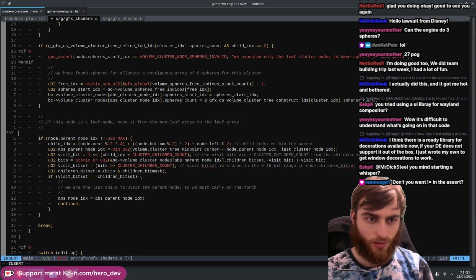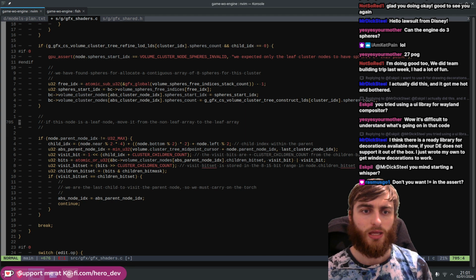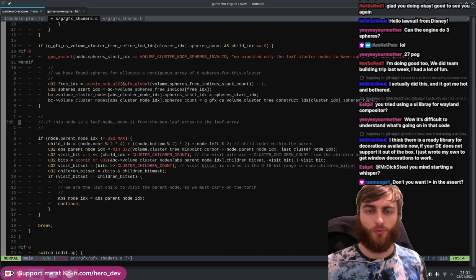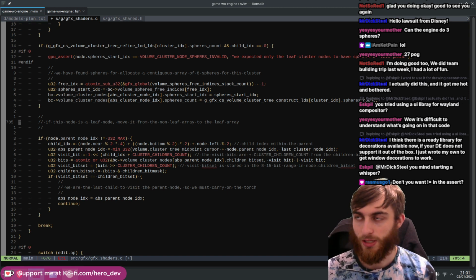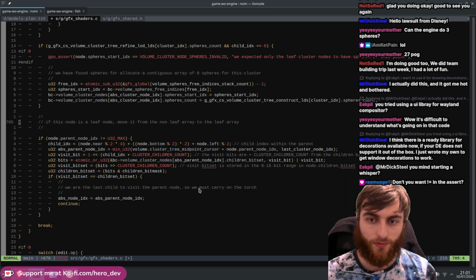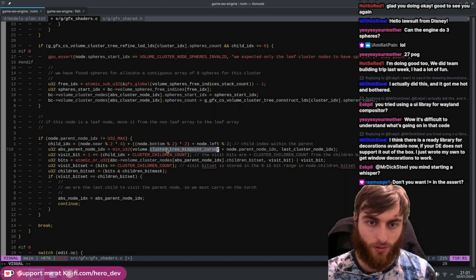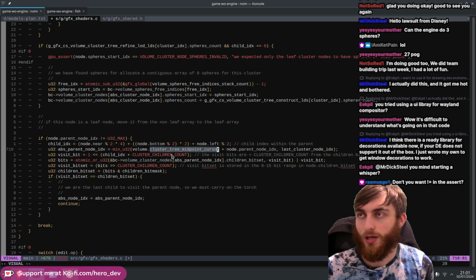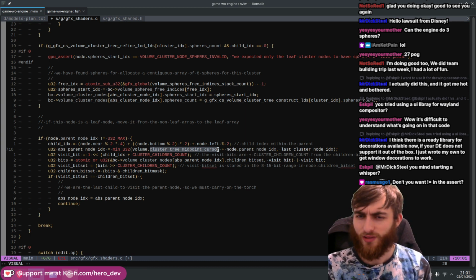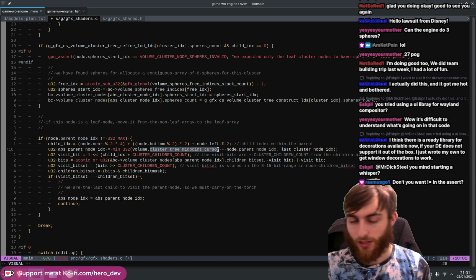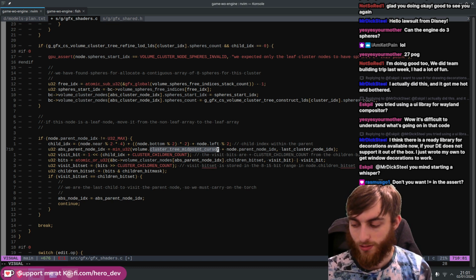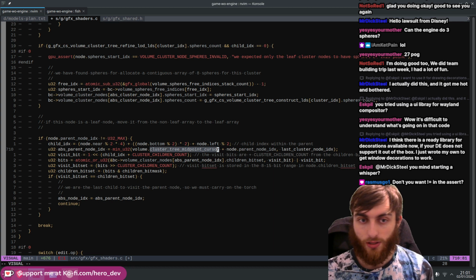I nearly missed that one. So if this node is a leaf node, we need to move it around inside the node array. Each volume has a cursor position of cluster tree midpoint cursor. On the left-hand side is the leaf nodes, so the negative numbers. On the right-hand side, it is not a leaf node.